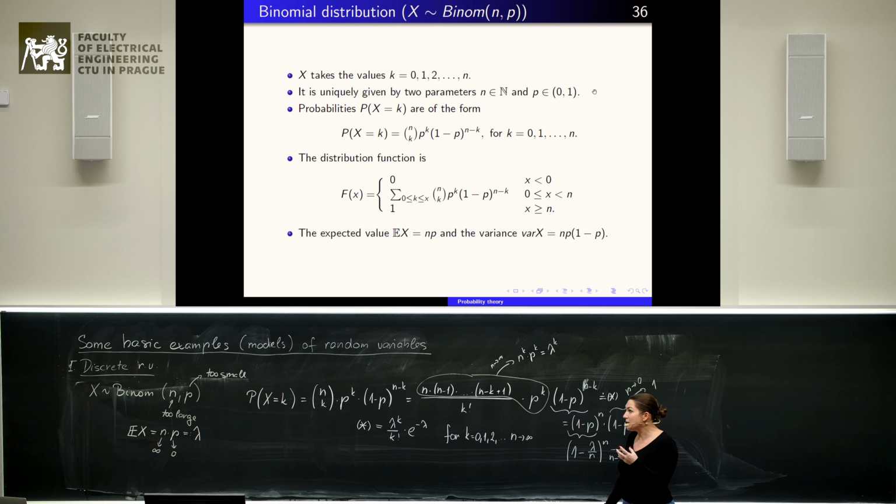So in the situation when n is so large that it can be considered infinite and p is very, very small, then the probability that there will occur k successes, if we can call the accident the success, so let's say the number of events equal to k, can be calculated by this description.